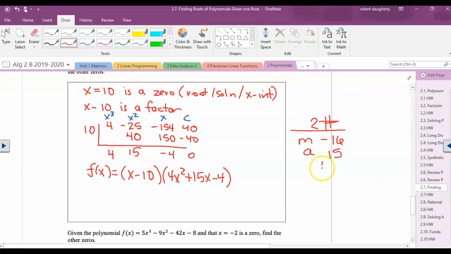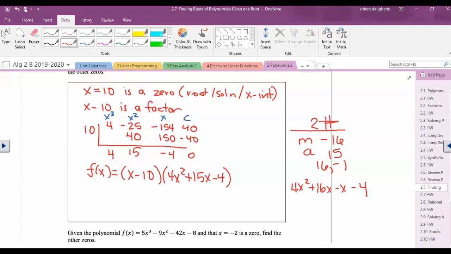So the numbers that do this are what? 16 and -1. Okay. So I can write this polynomial as what? 4x squared plus 16x minus x minus 4. And then I factor by what method? Grouping.